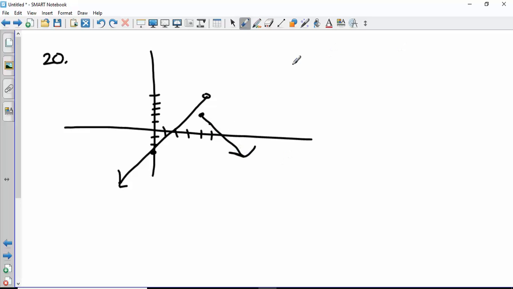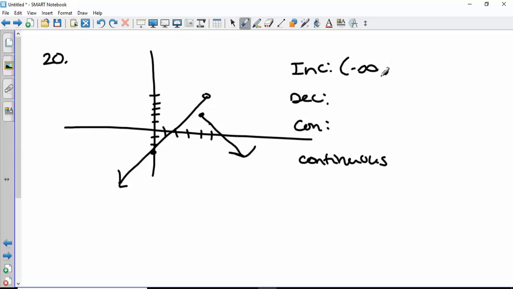Okay. And so then I asked several questions where it says increasing, decreasing, constant, and continuous. So this first section of the graph, as you go from left to right, is it increasing or decreasing? Increasing.